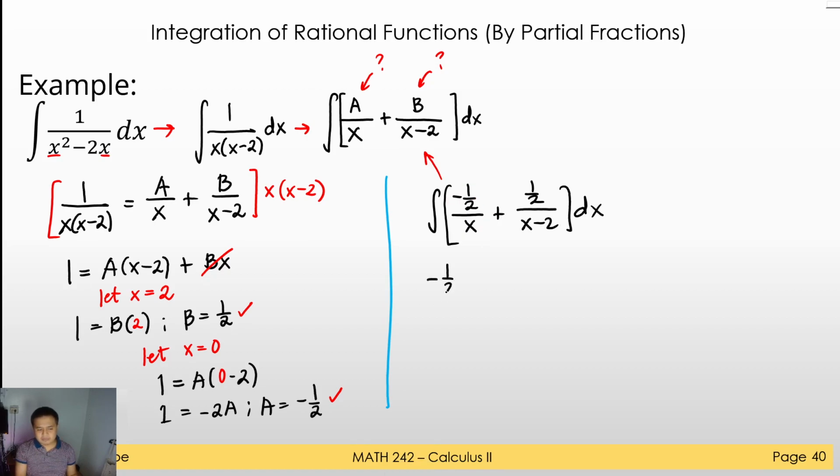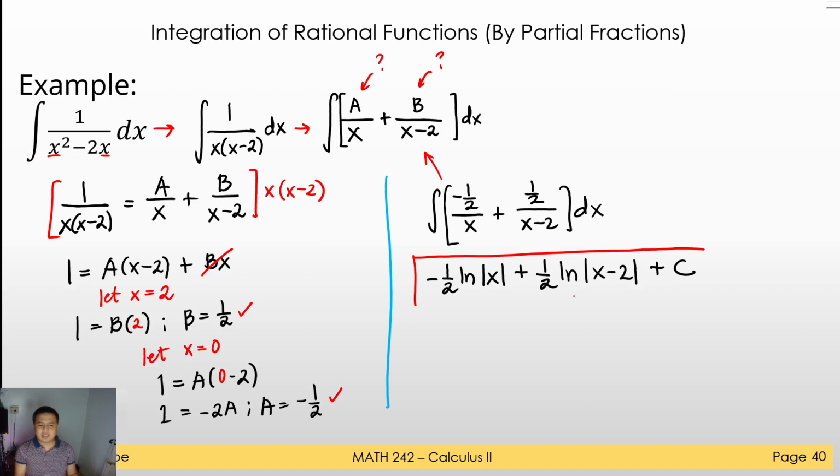So this is negative 1/2 natural log of x, and then plus 1/2 ln of x minus 2. Actually you have to use substitution, but for this case, I think at this point we are already very familiar with how to solve for this one and also this one. So that will be the first example, the simplest example for integration using linear and distinct factors. So this example is actually case 1.